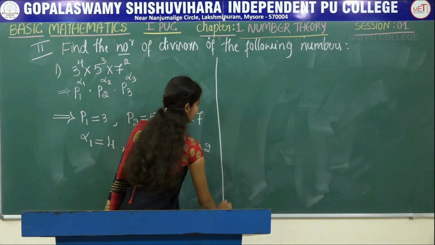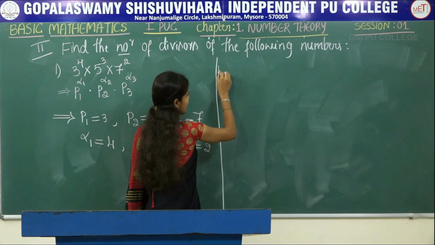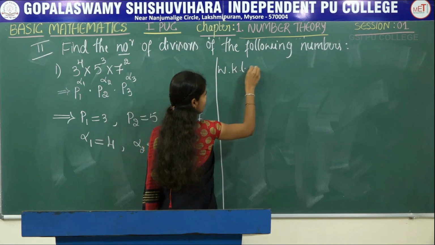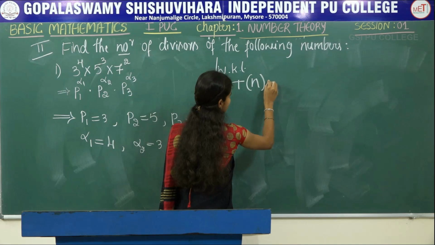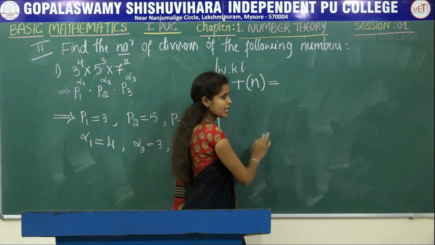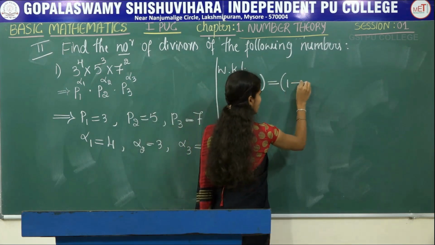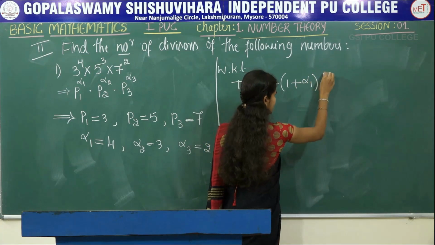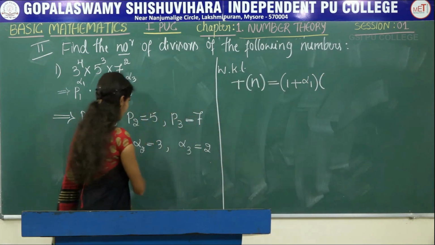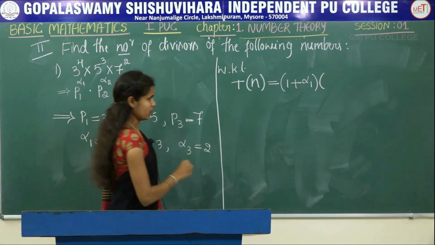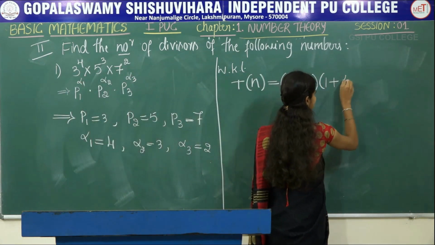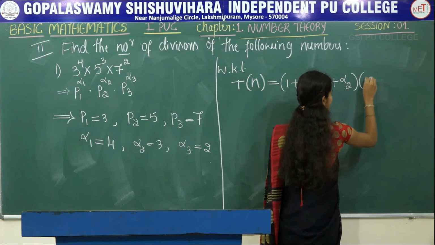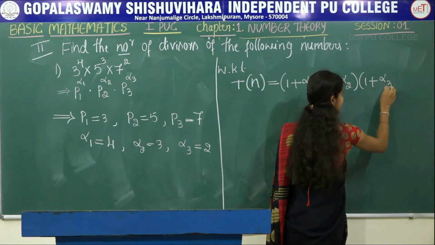Next use the formula. We know the formula to calculate the number of positive divisors of the given number is T of n is equal to 1 plus alpha 1. Here we have 3 prime numbers, so the formula becomes 1 plus alpha 1 into 1 plus alpha 2 into 1 plus alpha 3.